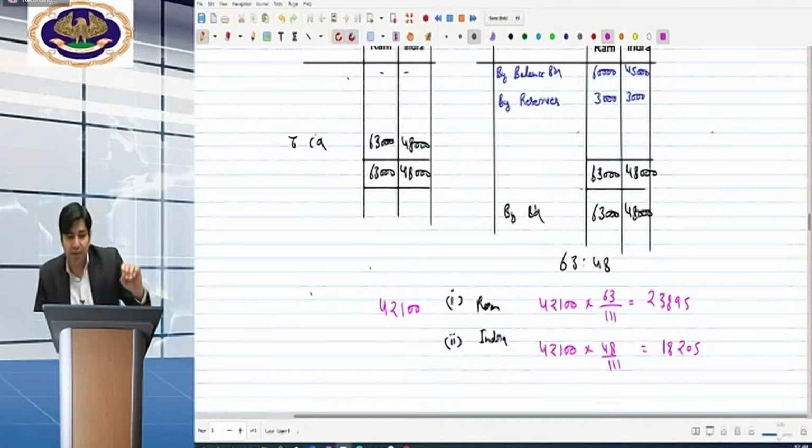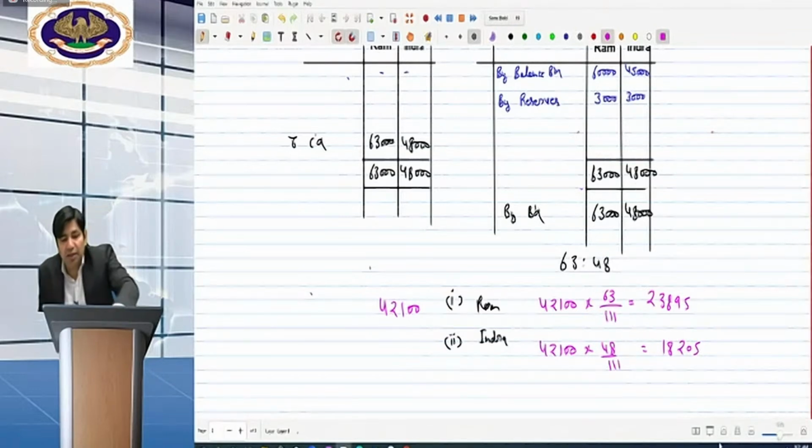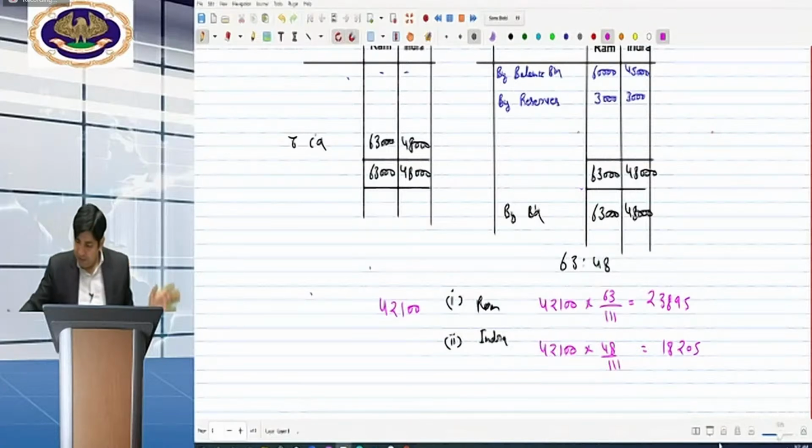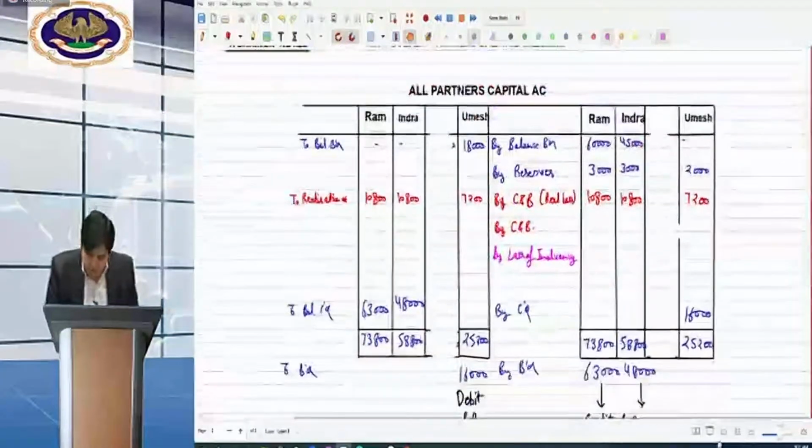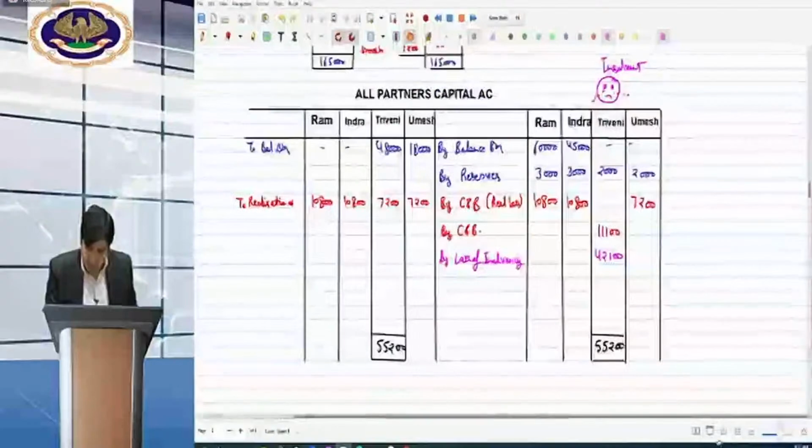Correct answer, beta. Honey, beta, correct. Alok, beta, absolutely correct. Sabiha, Honey, all are correct. Very good. Now, this is the amount which has to be shifted from the two partners to another partner.